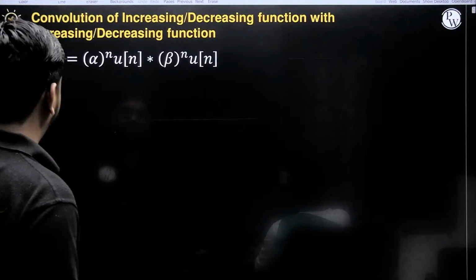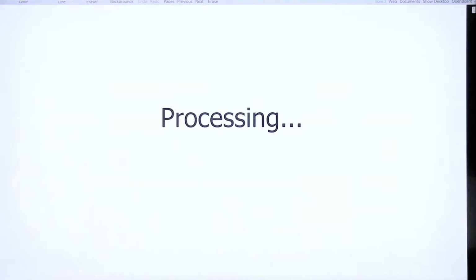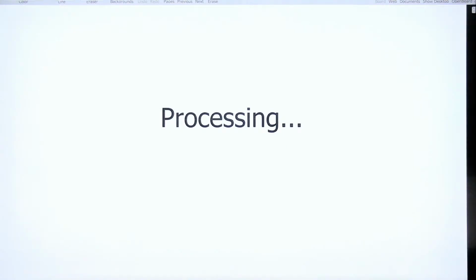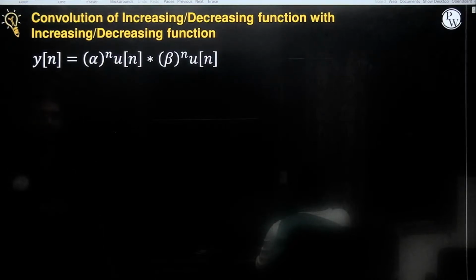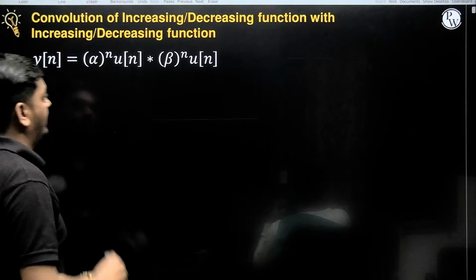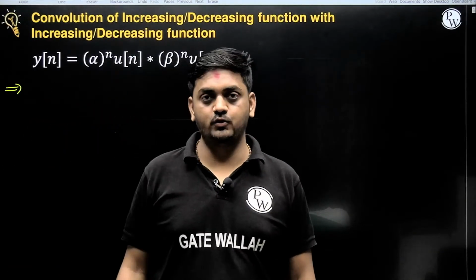Now next, this is also very much important: convolution of increasing function with increasing or decreasing function with decreasing. Let us start this convolution of alpha power n into u of n with beta power n into u of n.